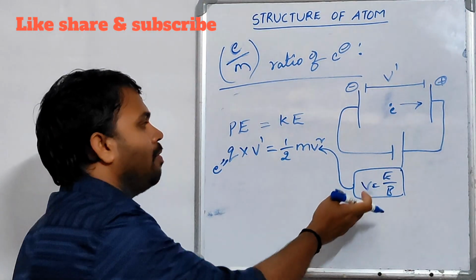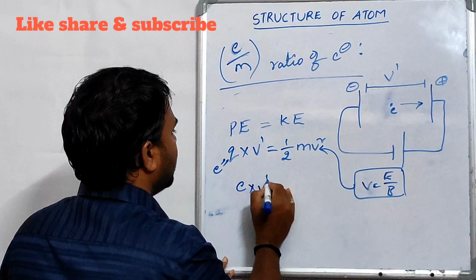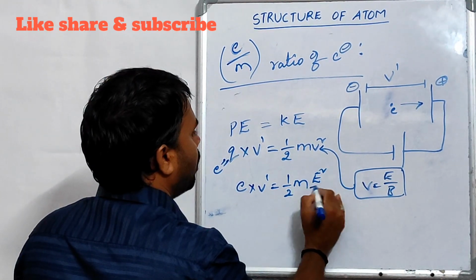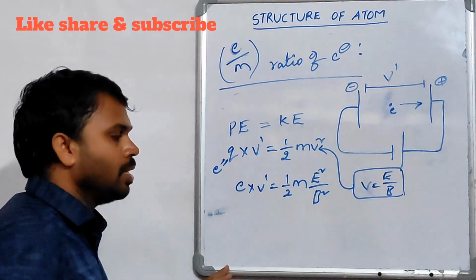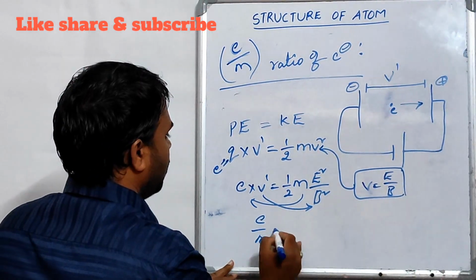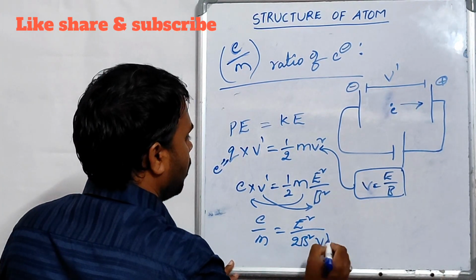By putting the V value in this formula, E into V dash equals half M E square by B square. This M comes to this side, this V comes to this side: E by M equals E square by 2 into B square V dash.